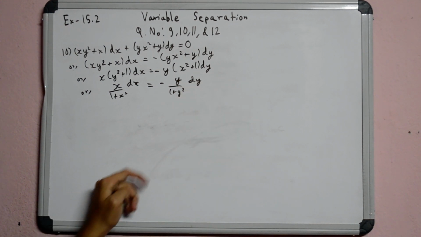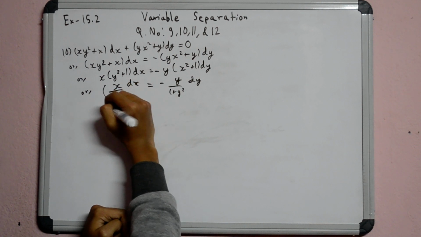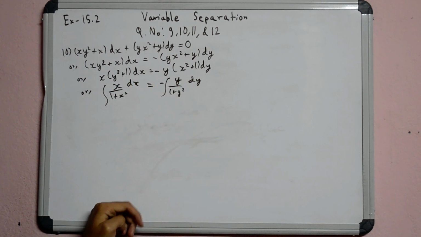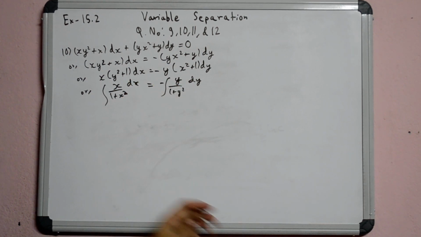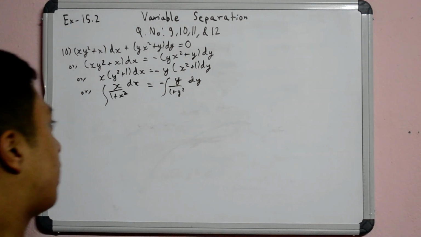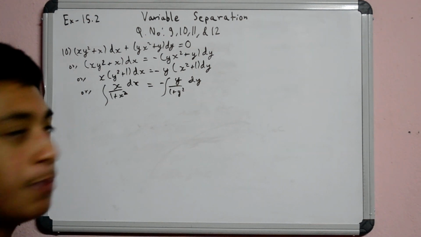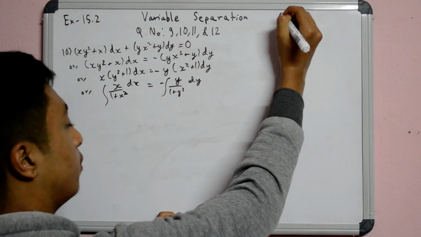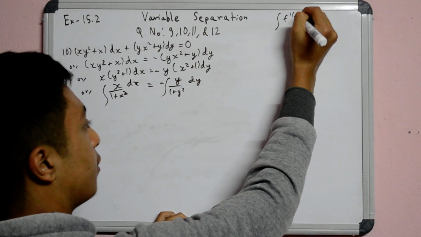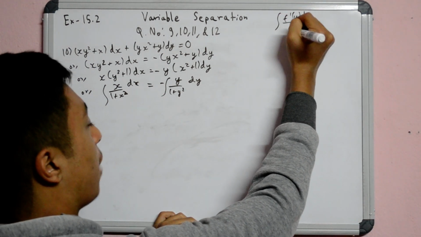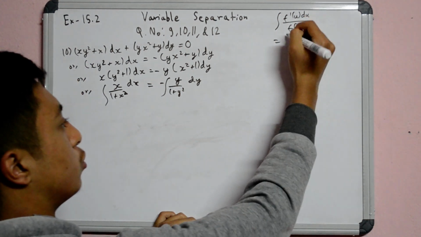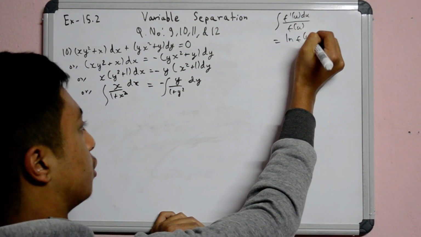And now let's simply integrate both sides. Now for this we will need a fact, or we kind of don't need that fact, but it's better for you to know. So the integration of a derivative of a function by that function is equal to the log natural of that function.